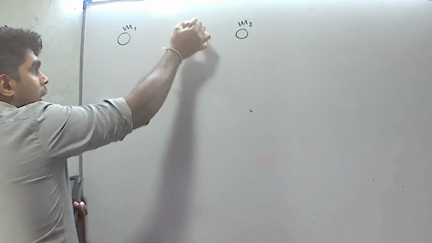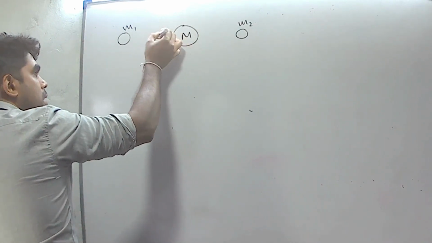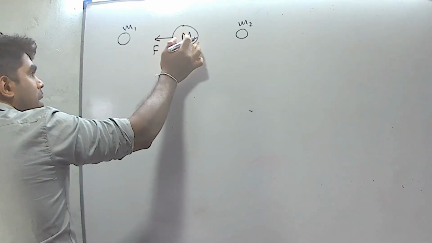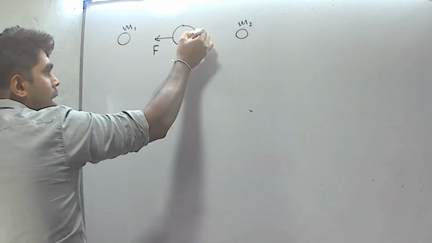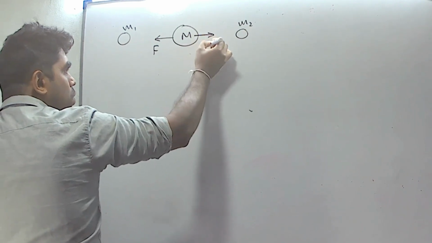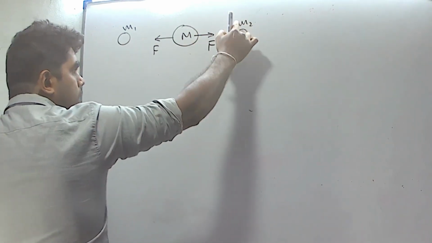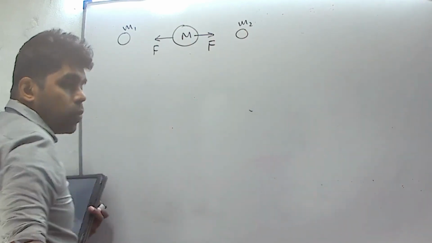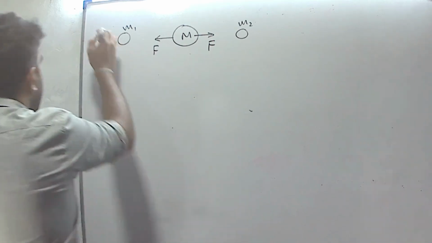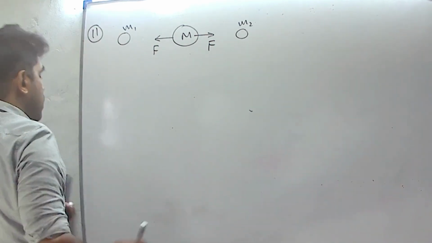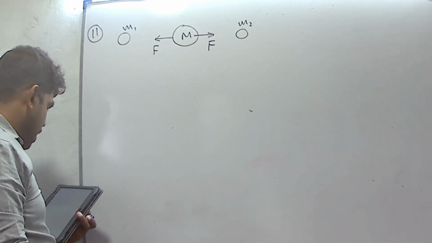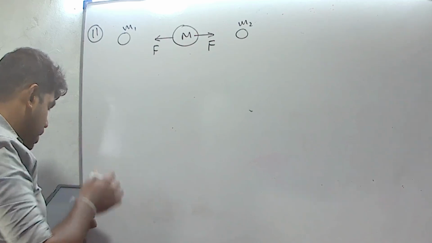Now, capital M is at rest. It means the gravitational force on capital M due to M1 should be equal and opposite to the gravitational force on capital M due to M2. Then they have given that M1 is doubled.